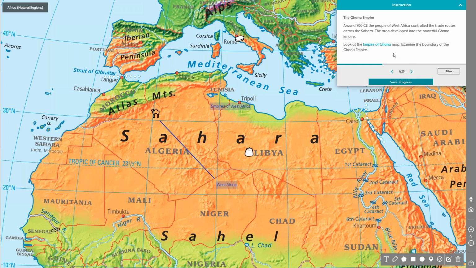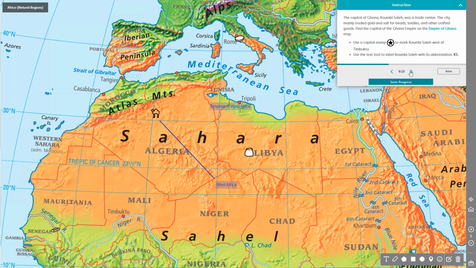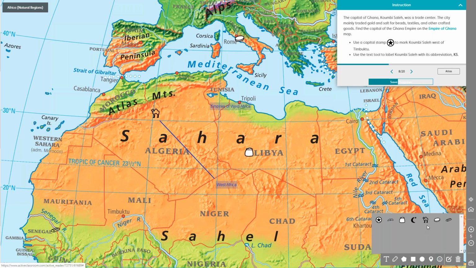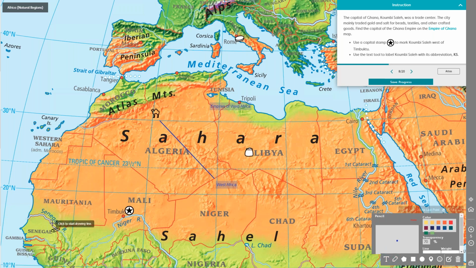What's next? I'm going to look at this Empire of Ghana map. That was in my atlas, but we'll take it as a shortcut. We're going to mark Timbuktu down here as a capital. And here's my capital sign. And then we begin to create connections and show that gold was traded and went here to Rome.